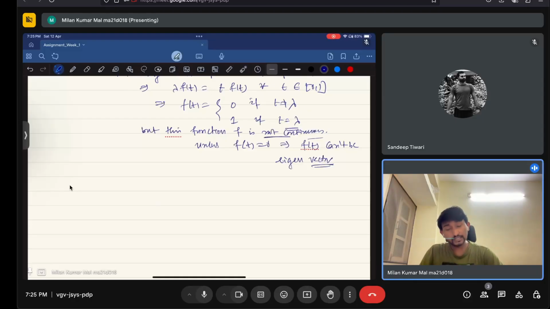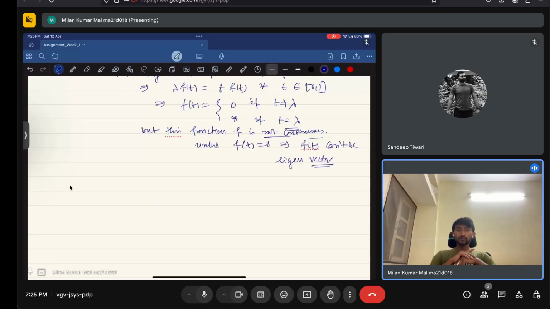Because f is continuous, so if it is non-zero at some point, it should have a neighborhood around that point where it is non-zero. Here, even if I assume f(lambda) is star, possibly non-zero, it can be 0 also, and still it is satisfied.